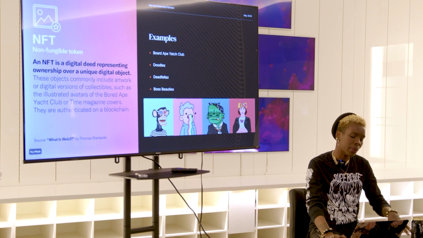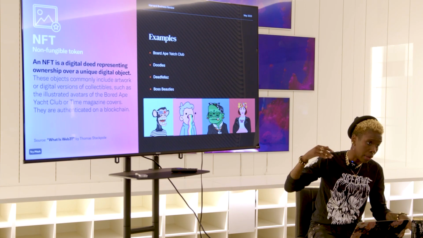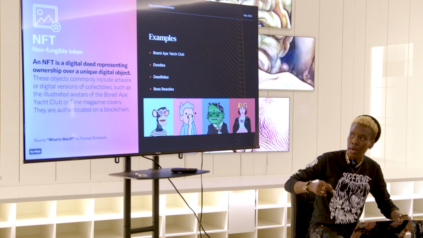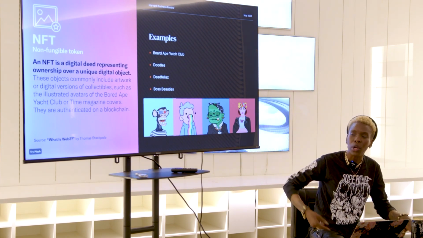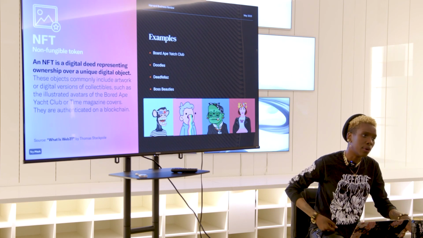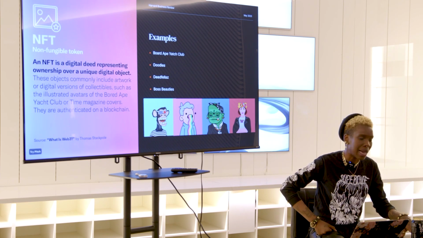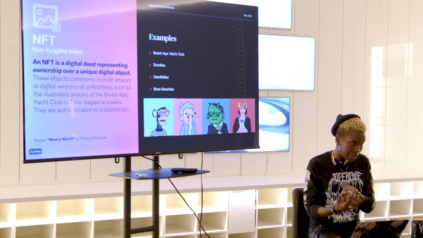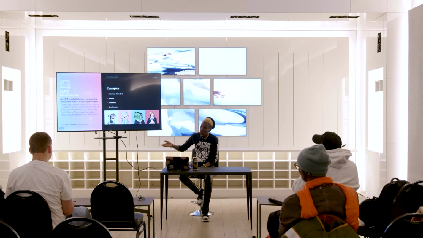So if you're a member of a social club, let's say you're a member of Doodles and Doodles has a DAO, and Doodles says, next year we want to open a theme park, and we want all of you to vote on what the top 3 rides that we actually make are, because you're a holder of that DAO's token as a Doodle owner. You then would be privy to that vote, and they would take into account what you said, but all of that would be recorded on chain and be verifiable.